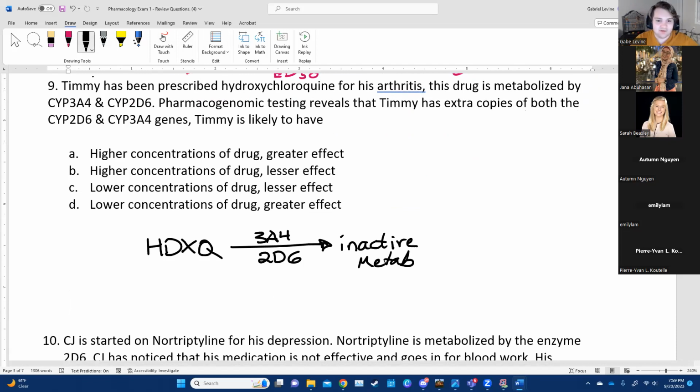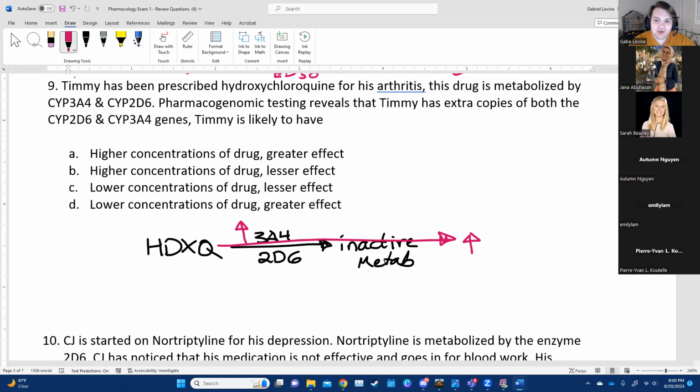When in doubt, inactive. If we have extra enzymes, which way are we going to shunt the concentration of the drug? Are we going to shunt it towards the right or shunt towards the left? To the right. We're going to be speeding up this process and causing more drug to end up as inactive and raise the concentration of inactive metabolites.